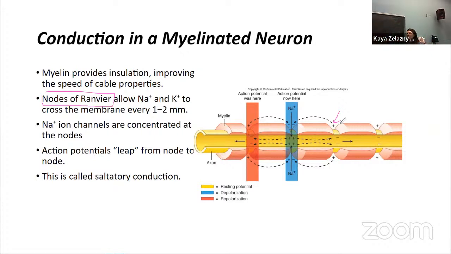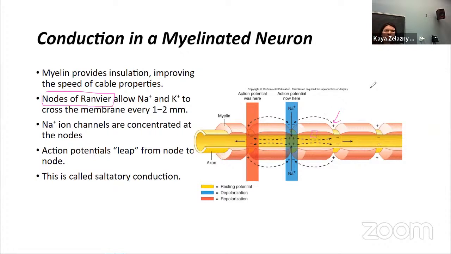When we think about where we need our channels then, we're going to need to concentrate our voltage-gated channels in those little gaps, because those are the patches that we're triggering, right? We don't need a bunch of sodium channels here if we're not going to bother triggering that patch of membrane, right?